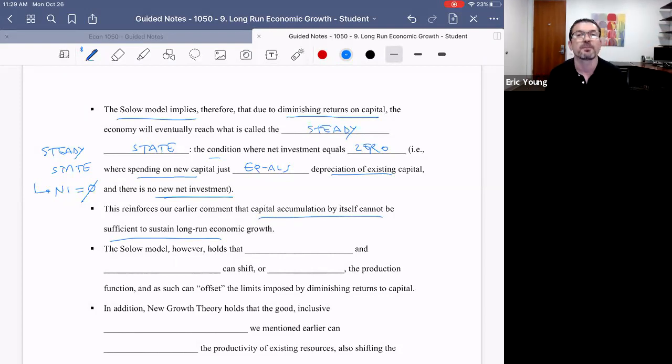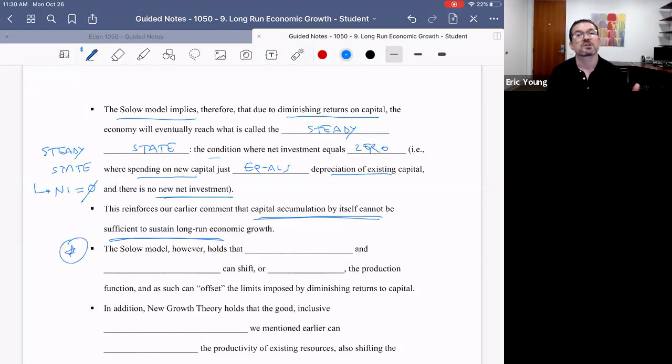The Solow model implies that we will reach steady state, that economies will at some point have zero net investment, that they will simply be forced to spend money to offset depreciation. That implies that the capital stock will stop growing. And that concludes with the assumption that capital accumulation by itself will not be sufficient to give us long-run sustained growth.